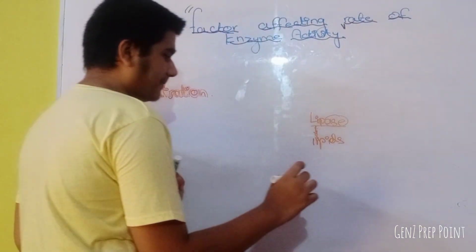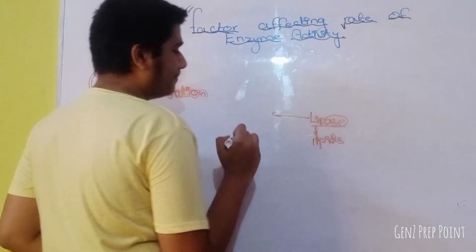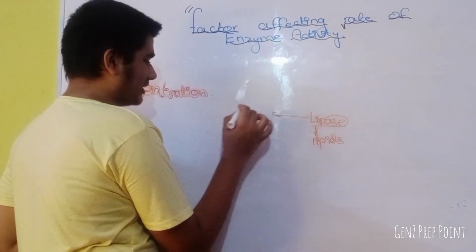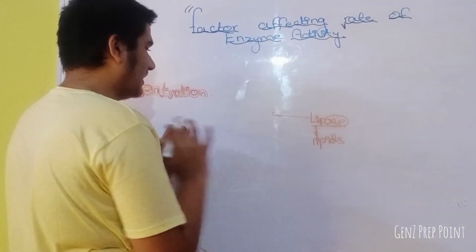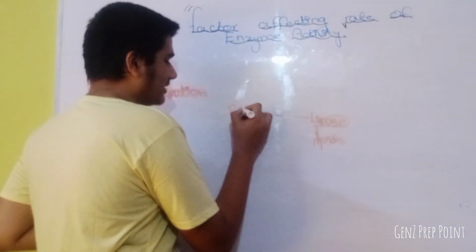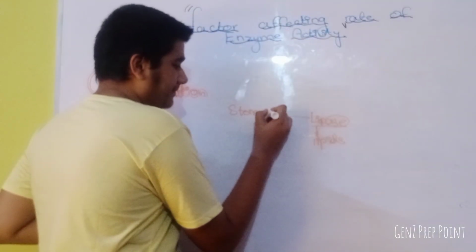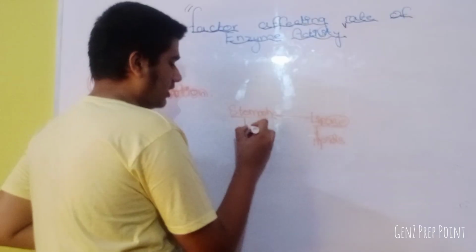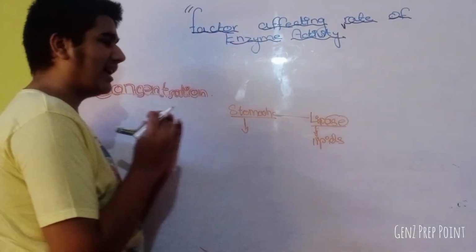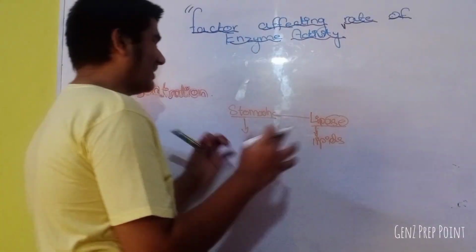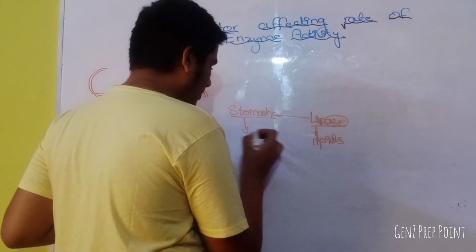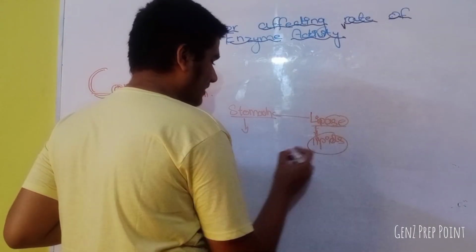Just suppose your lipase enzyme is in your stomach. I'm not talking about anything hypothetical, just think it's in your stomach. You eat a fatty substance, oily fries or oily chips, whatever you ate, it has lipids in it.